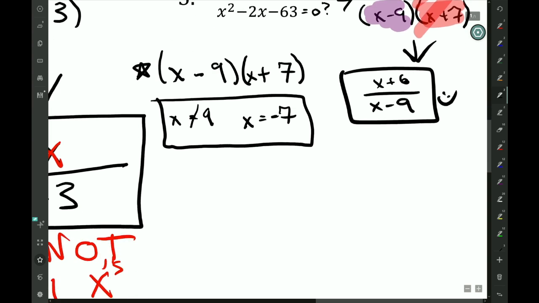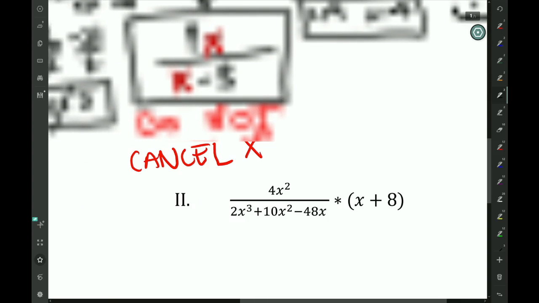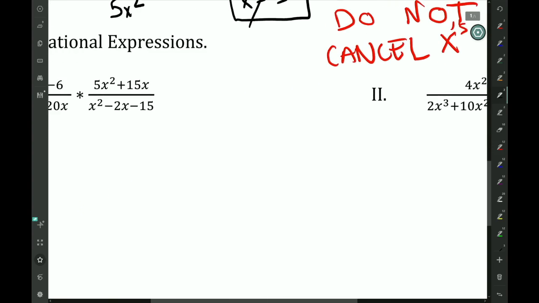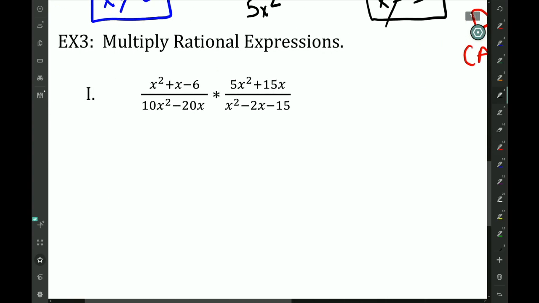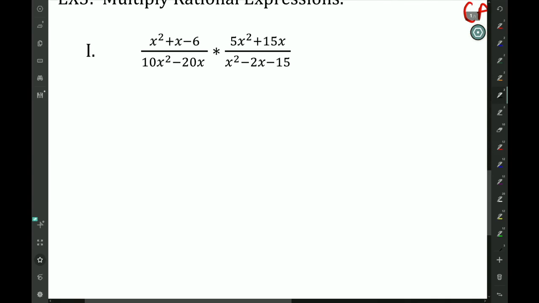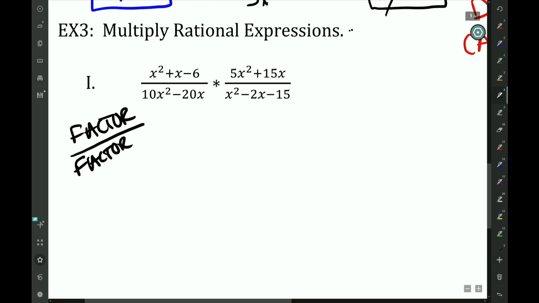Okay? Moving on, combining all this stuff. Oh my goodness. You're like, Mr. Dvorsky, are you serious? It is just factor party right here. Factoring over factoring. Now the nice thing, I tell you not to worry about the restrictions.